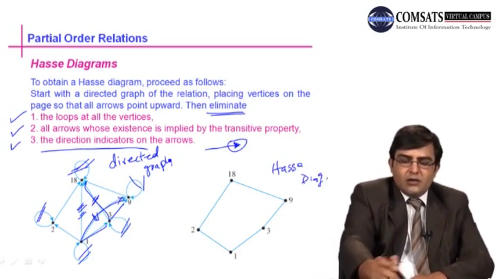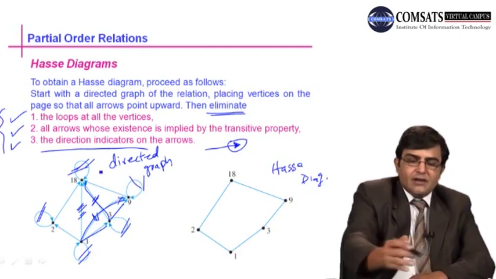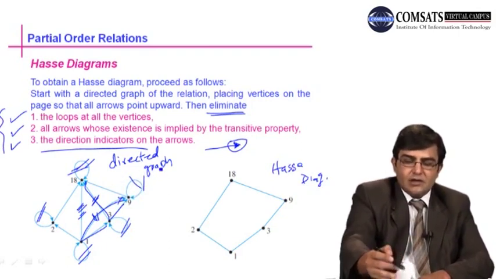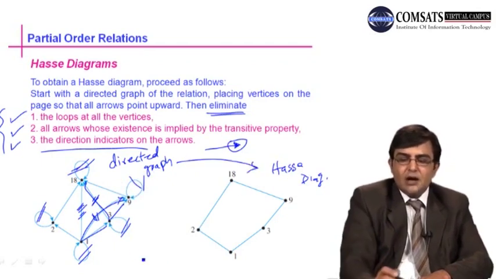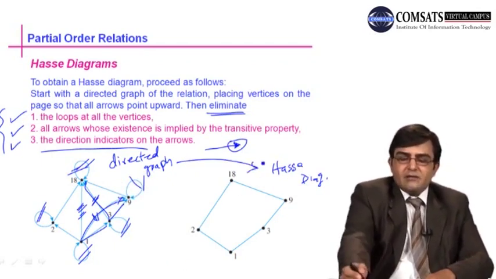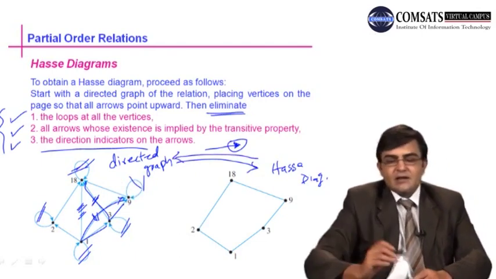We have discussed the steps which are involved to convert a directed graph to a Hasse diagram. Now how to convert a Hasse diagram to a directed graph?